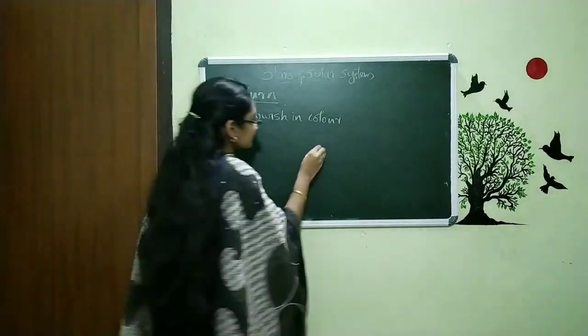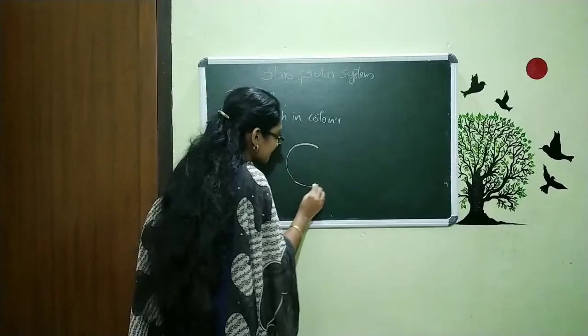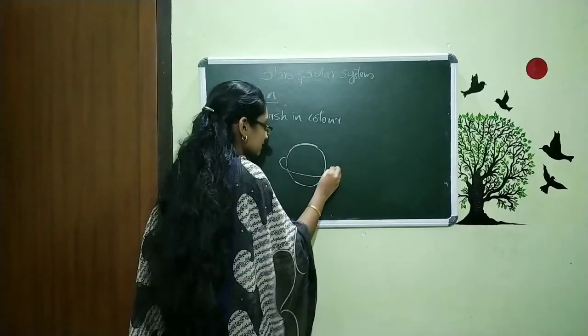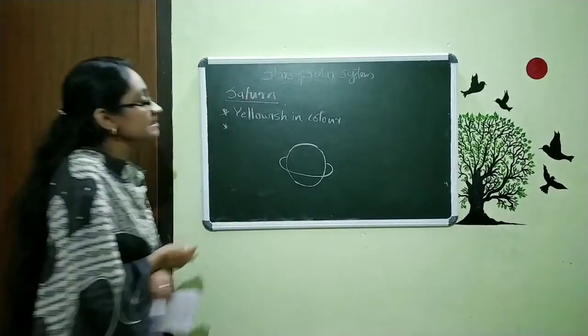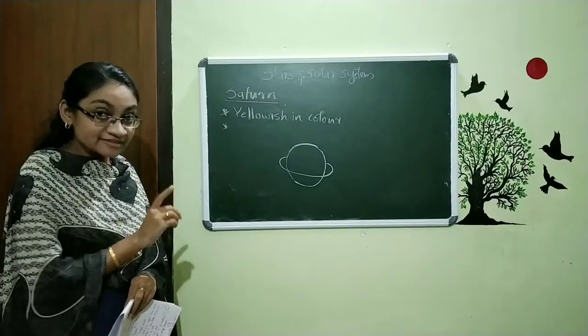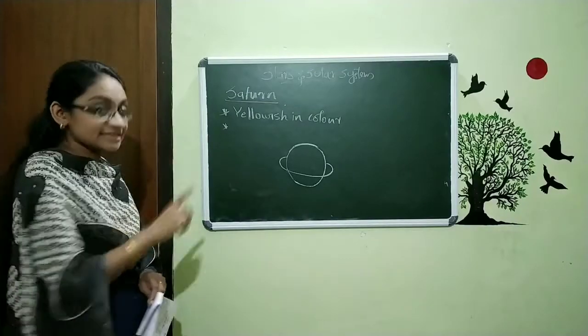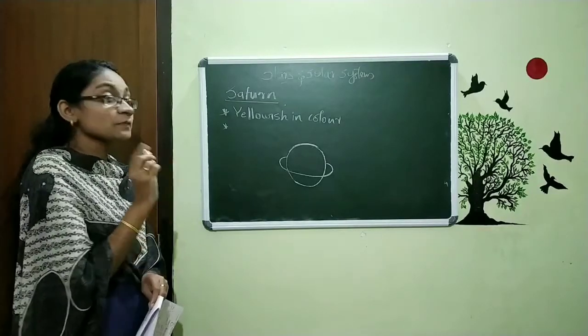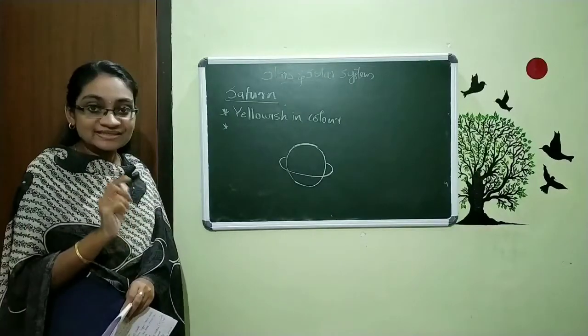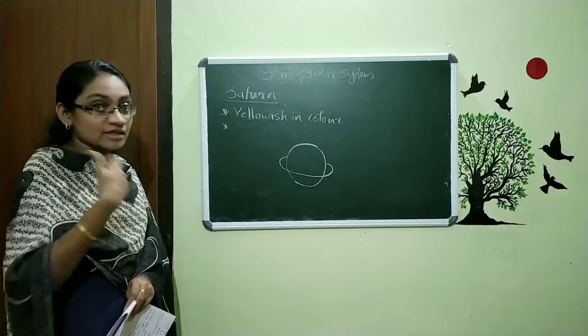If this is our Saturn, you can see something like this in all the pictures of Saturn. These are the rings present around Saturn, and they are brighter than Jupiter's. When we discussed Jupiter, we said it has some faint rings around it.